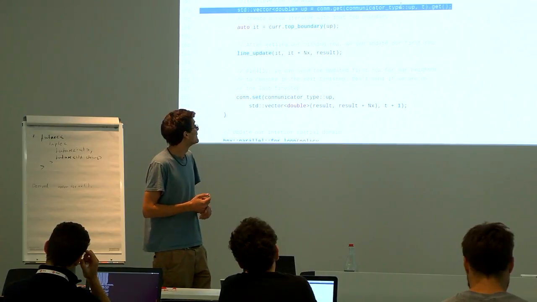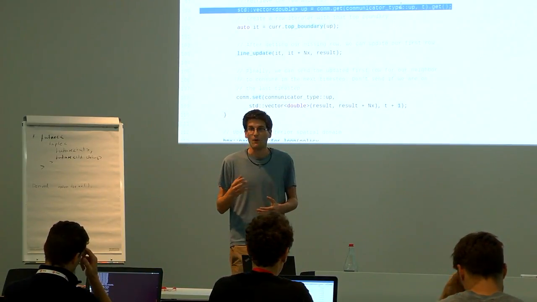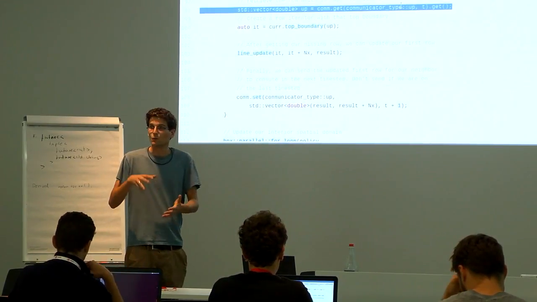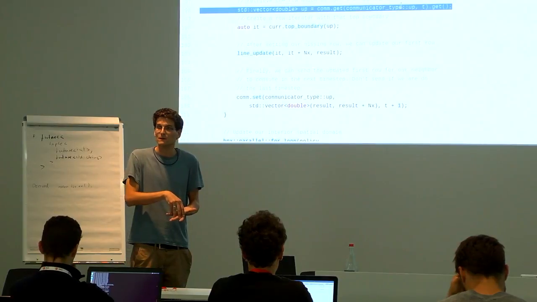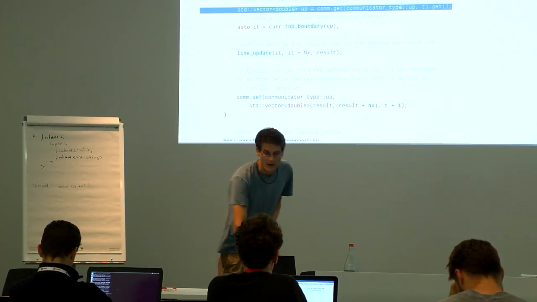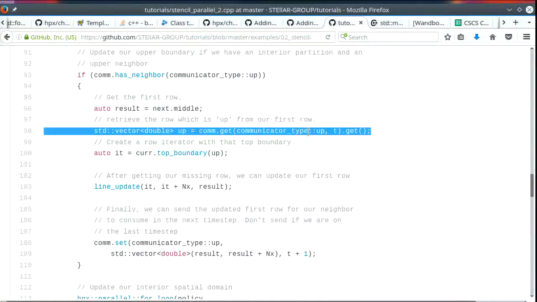Say we have 2 or 4 or 8 or 16 of those partitions on one locality, on one process. Even though we wait here, this should get us going to hide the latencies of receiving the messages from our neighbors, right?